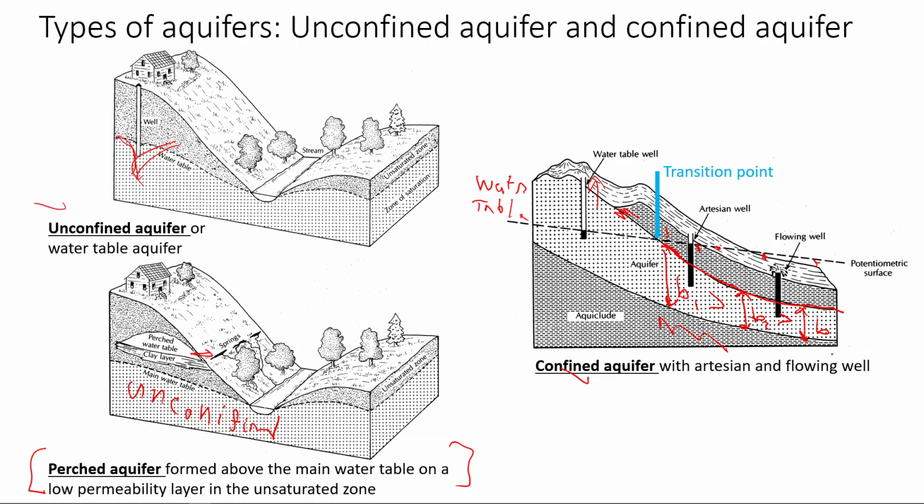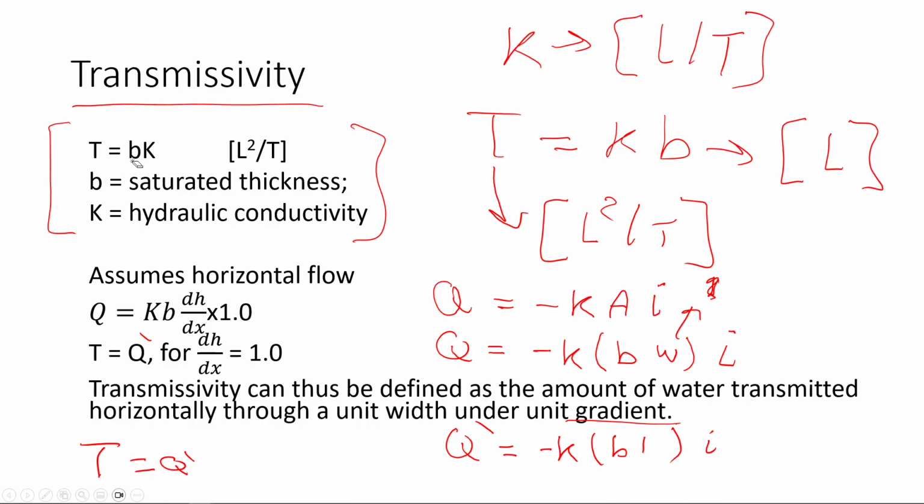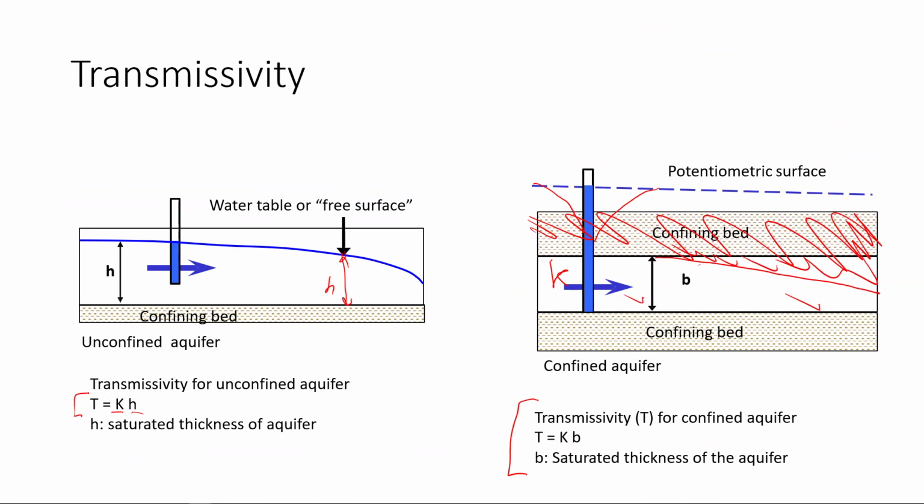It could be different in different parts of the aquifer, but the values B1, B2, B3 will not change. Unlike here, where the head will change once I start pumping. This head value, or this water level value, could change. Okay.